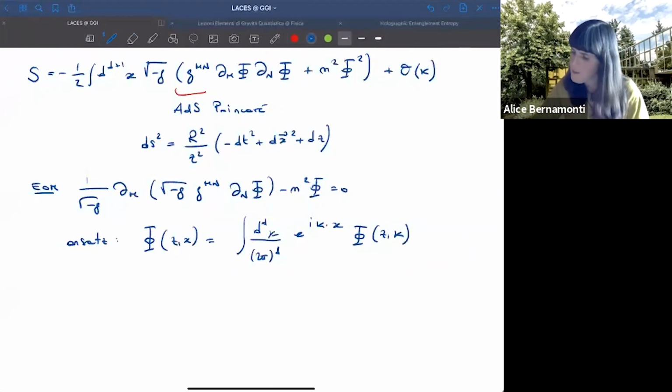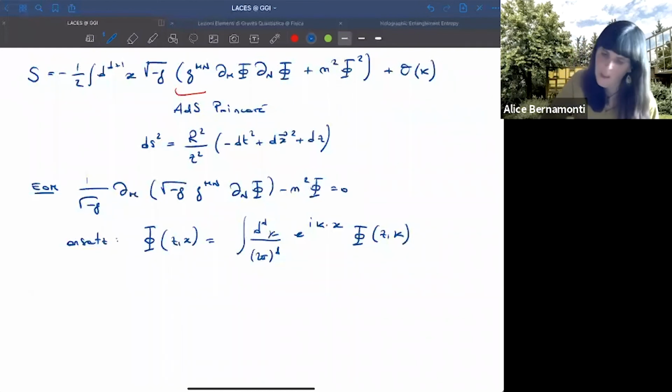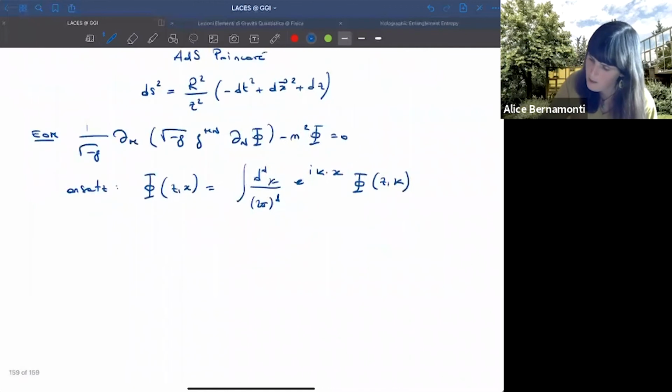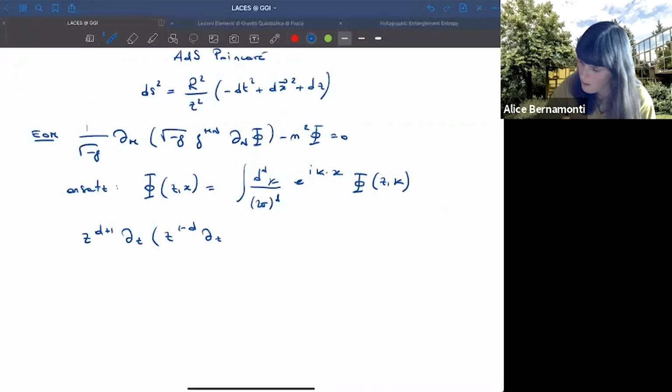And so if we substitute this ansatz, very familiar, in the equations of motion, we are only left with z derivatives. And let me write the equation since we will need it. So the equation takes the following form, as you can easily verify on explicit computation.